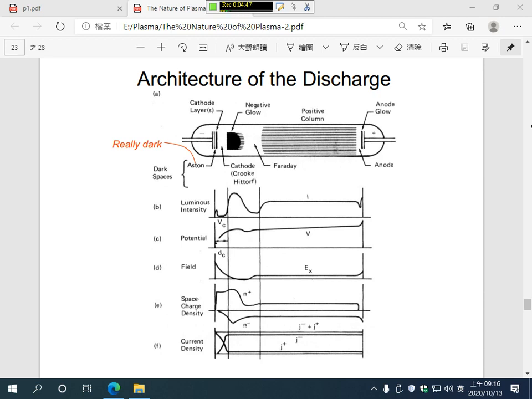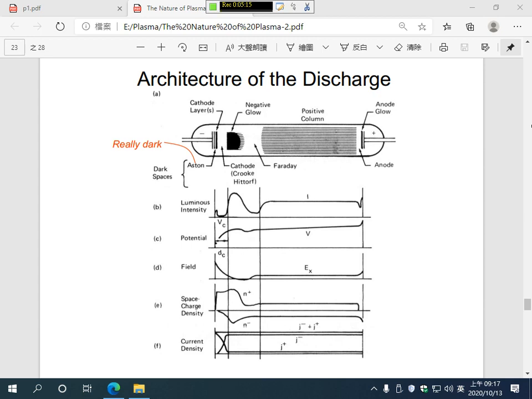Even though there is a very small electrical field, compared to the cathode zone, the electrical field in the positive column is very small. So there are two regions with different characteristics of the plasma parameters.